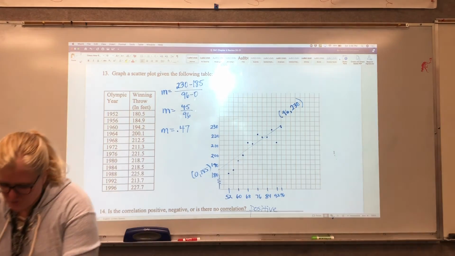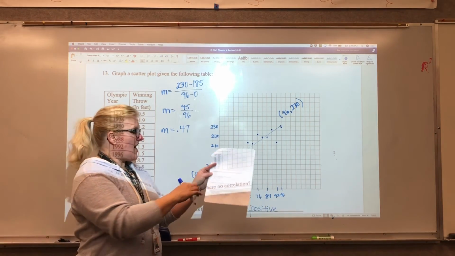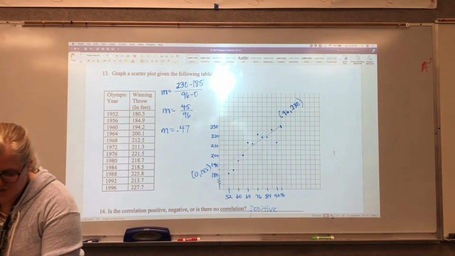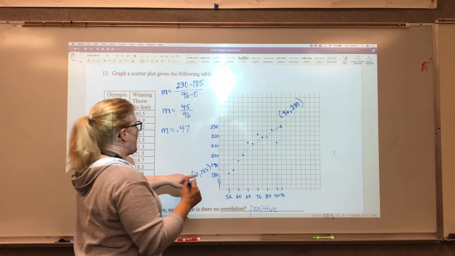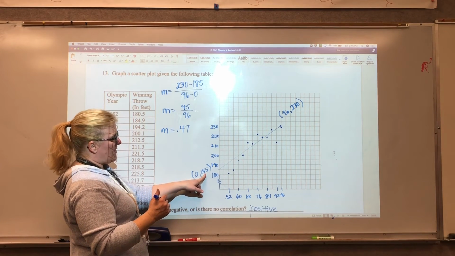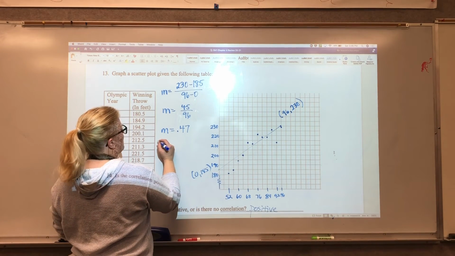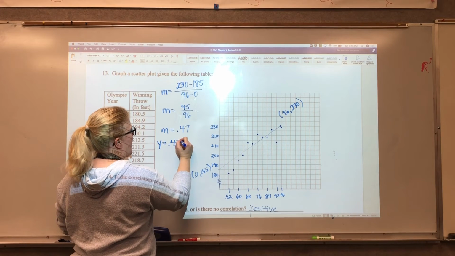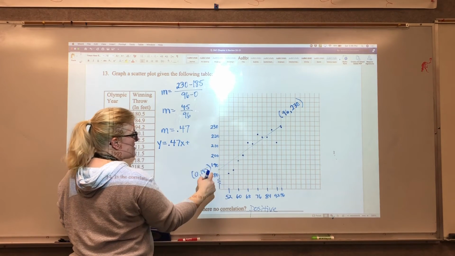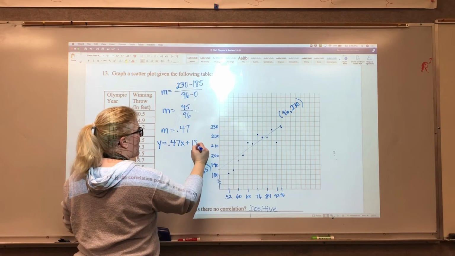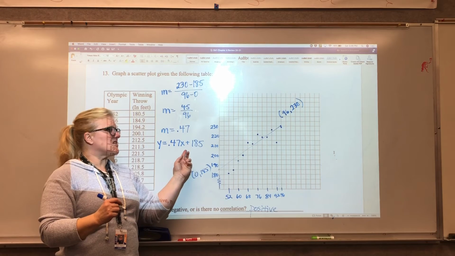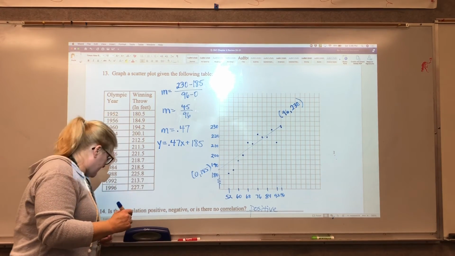It's interesting because when I did this before, I got a slope of 0.52. So you never know. All right, and then I have my y-intercept of 185. So my line is y equals mx plus 185. So that is my line of best fit, and this is the equation of that line.